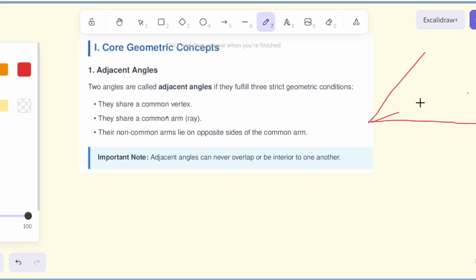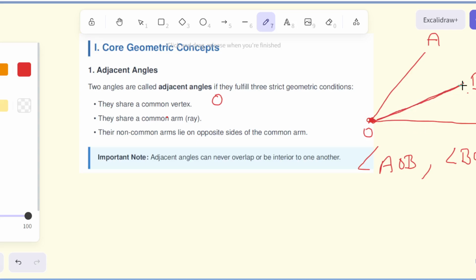If I make angles like this, let the points be A, O, B and C. The adjacent angles are those angles which share the common vertex, so the vertex should be the same. If I'm considering angle AOB and angle BOC, they have this common vertex O. Do they share the common arm?